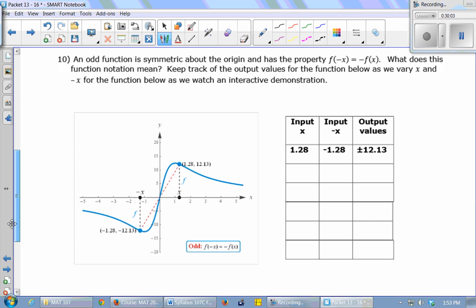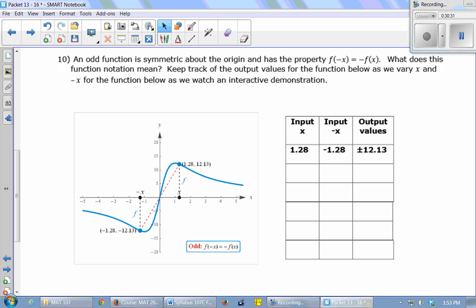Okay, so now we have an odd function. Odd is the name that we have decided to give to functions that have this property where they have symmetry, that if you folded the graph over the x and the y, so fold it like into quarters, fold it over x, then fold it over y, this piece in the upper right would lie right on top of this piece in the lower left.